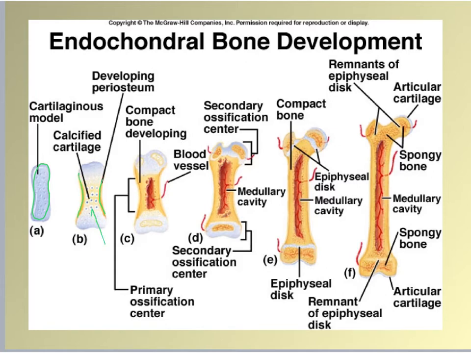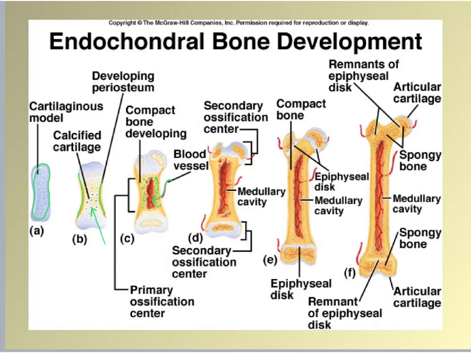You see the chondrocytes enlarging and rupturing to make way for osteoblasts. You see blood vessel coming in here. That blood vessel is going to bring those osteoblasts and then lay down new osteoid. That osteoid gets calcified.